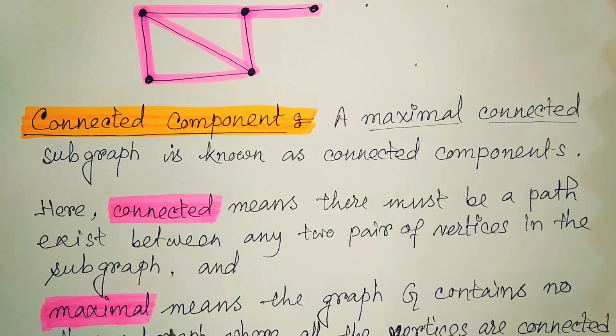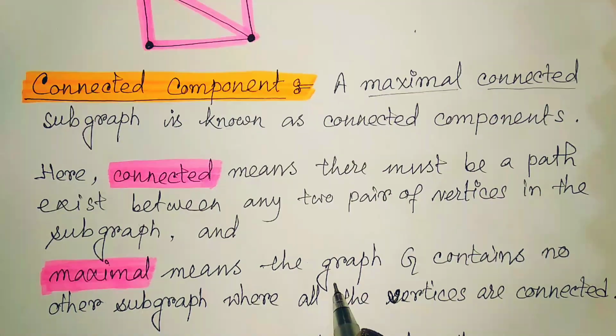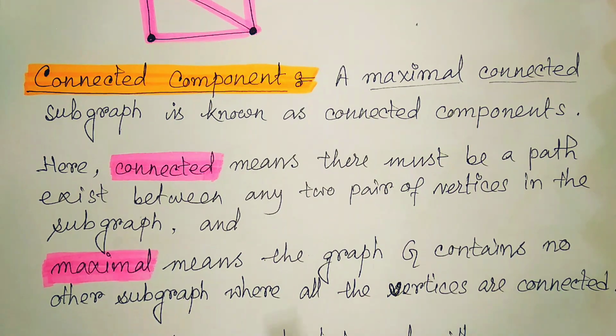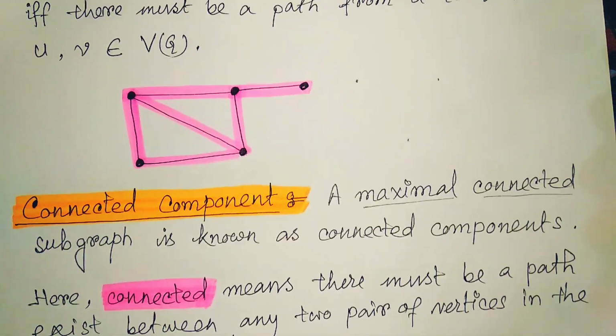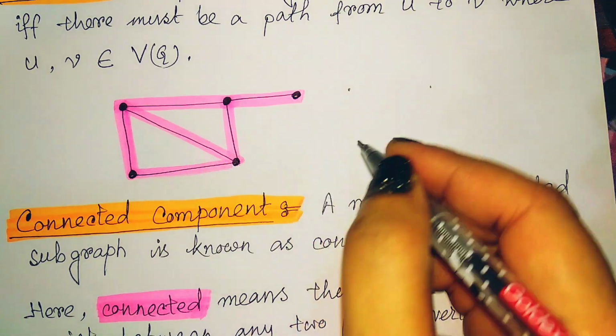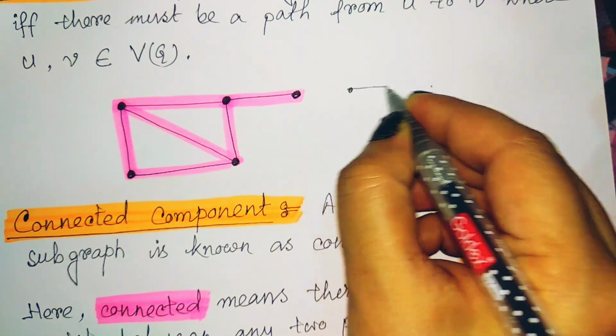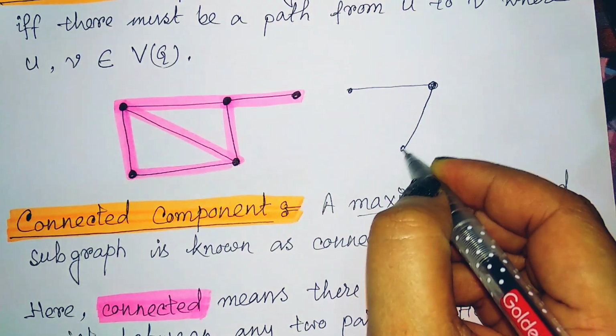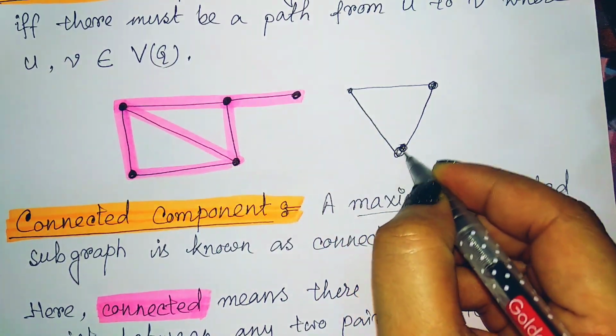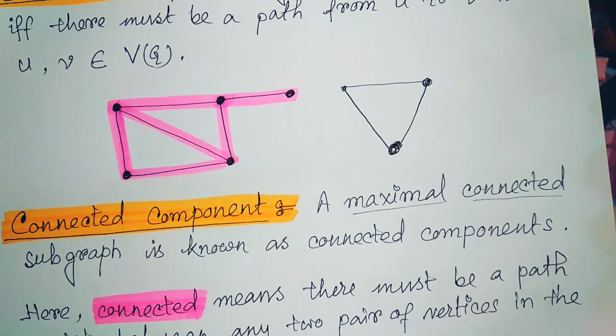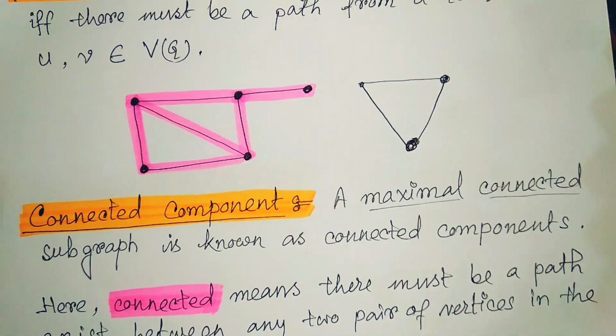And maximal means the graph G contains no other subgraph where all the vertices are connected. So what does it mean? Suppose this one is the given graph and we consider one more part of this graph. This is a given graph where two components are given.